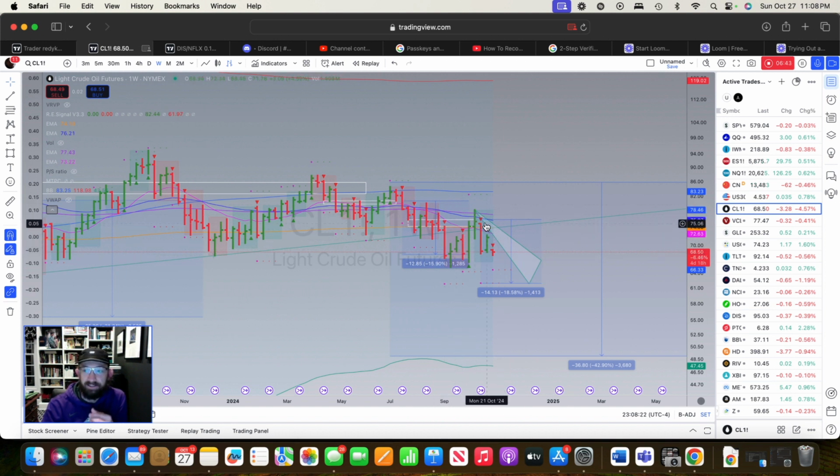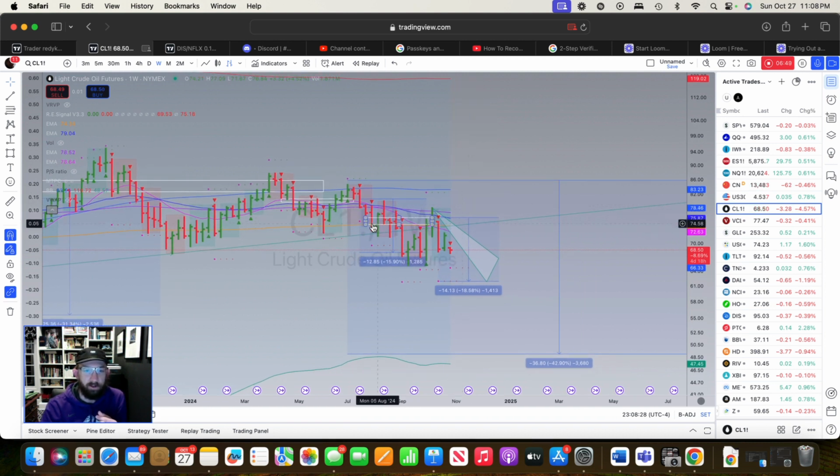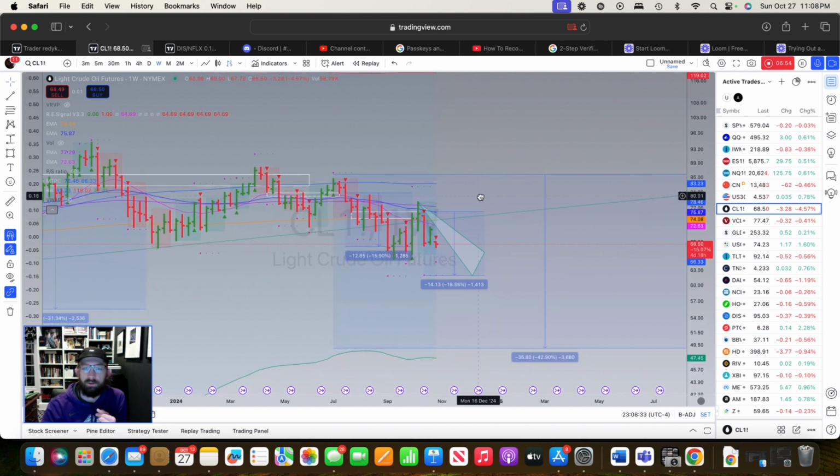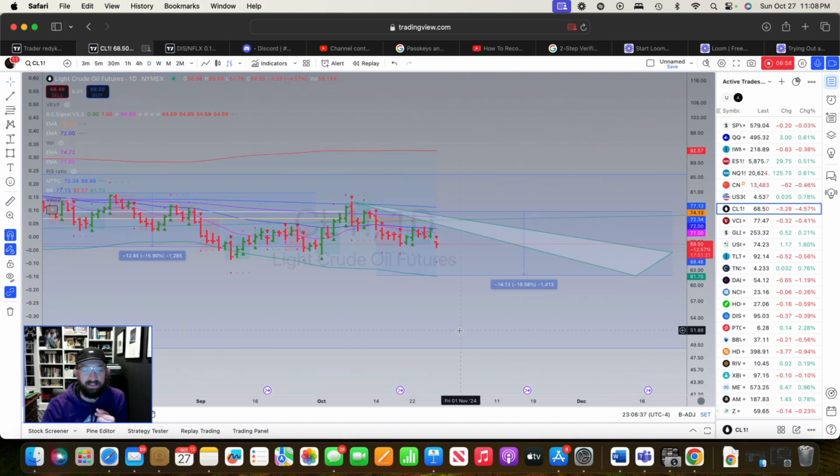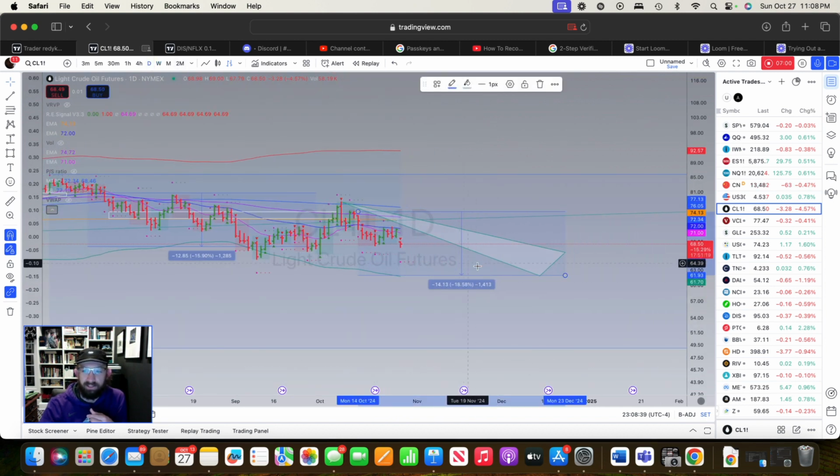Now it has presented another downtrend signal on the weekly time frame, and you could use this period of consolidation here to measure that, and then maybe draw an idea that would theoretically see oil come down into the $62 range.